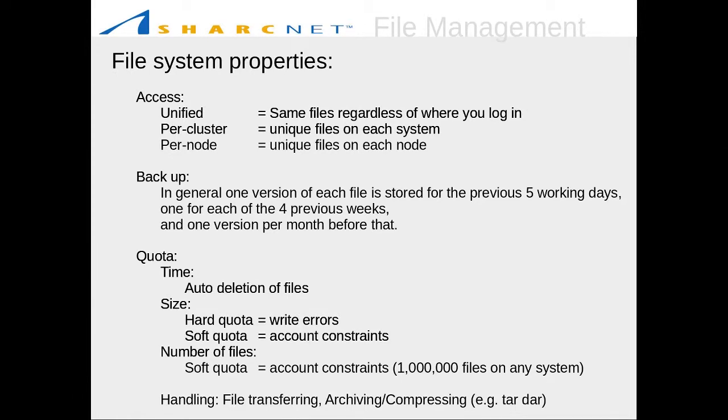Other than transferring files, there's also archiving and compressing. So this is the ability to take many files and collapse them into a single file, and then still be able to access those. And we'll take a quick look at the tar and dar options for doing this.